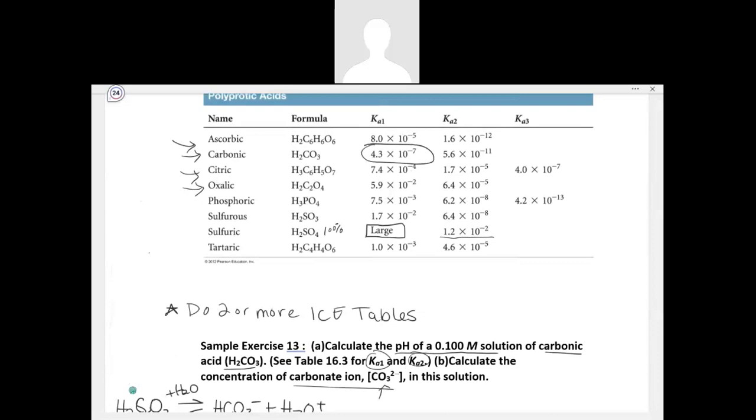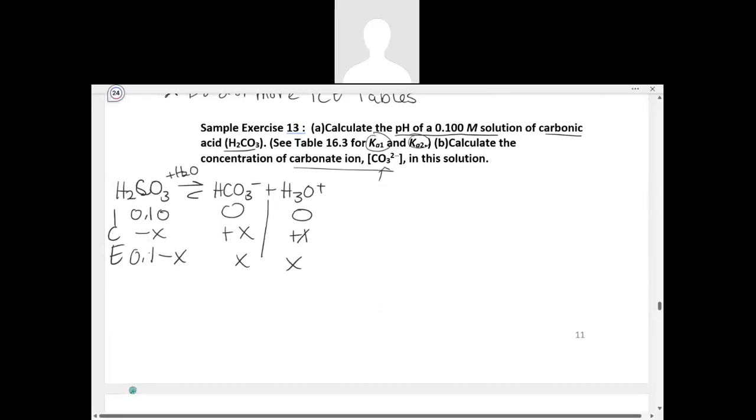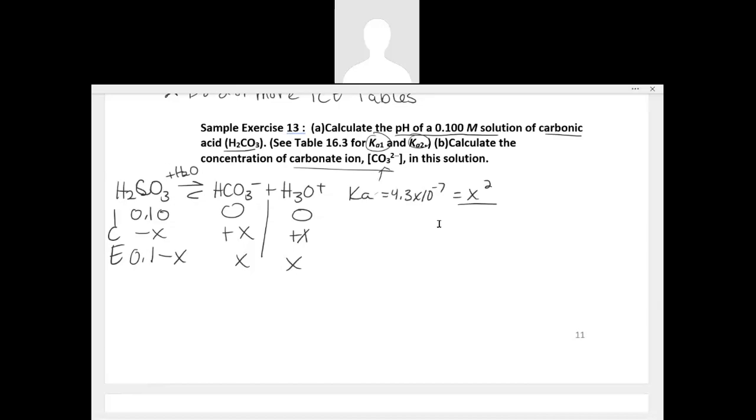And we're safe to continue with our approximations for now, not worry about quadratic formulas, because that Ka value was so small. So that was 4.3 times 10 to the negative 7, and we're going to set this equal to our Ka expression. Again, we're going to ignore that x in the denominator, assuming that it's so small. So we rearrange and solve for x.